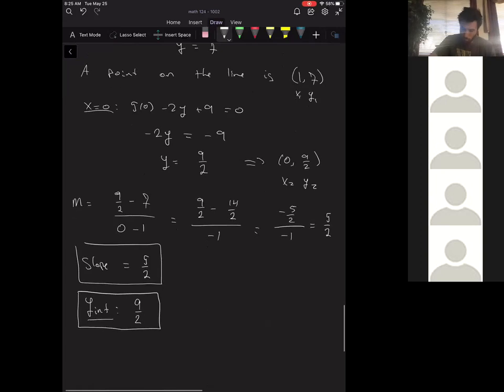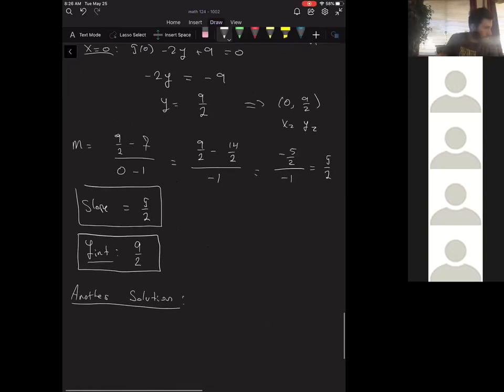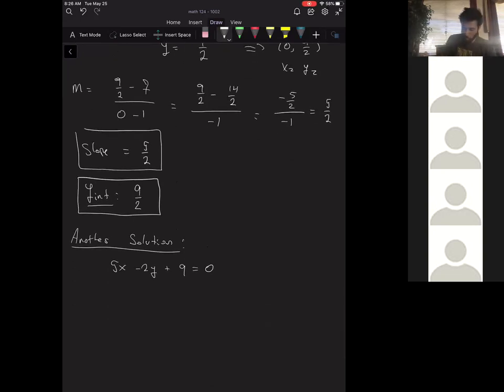Another way of doing this problem, let's do another solution. So what was the equation? 5x minus 2y plus 9 equals 0. This is just putting it into y equals mx plus b form. So let's start solving for y. What we can do is subtract the 5x over to the other side.